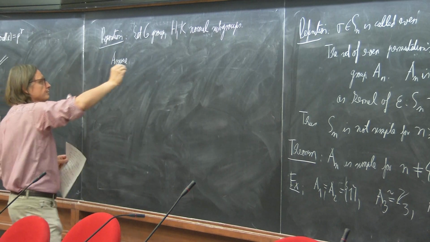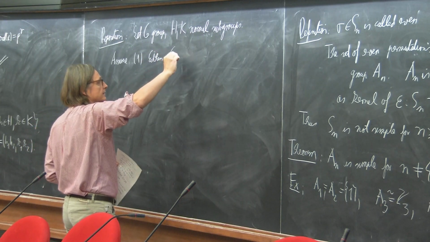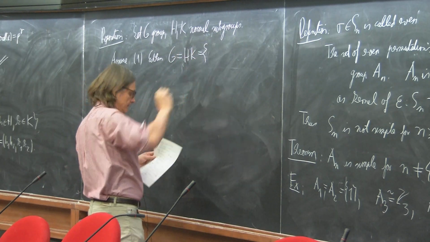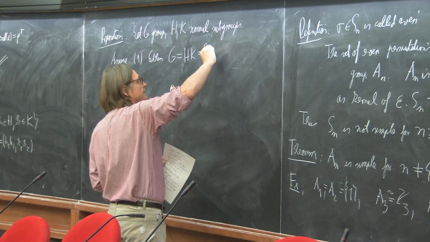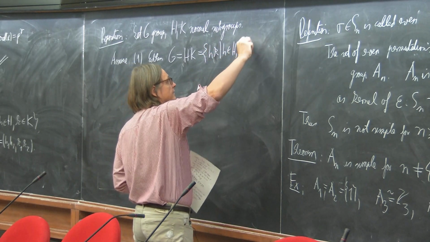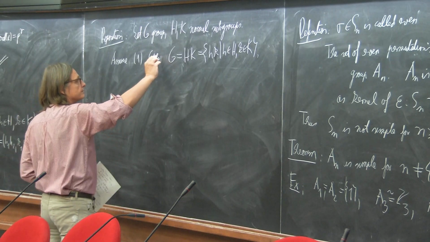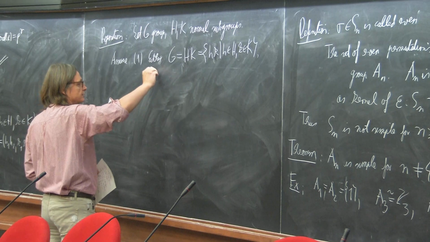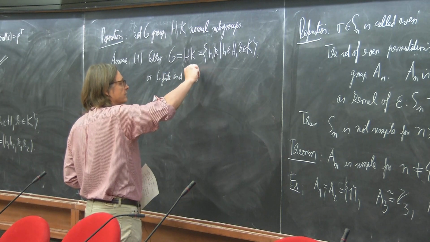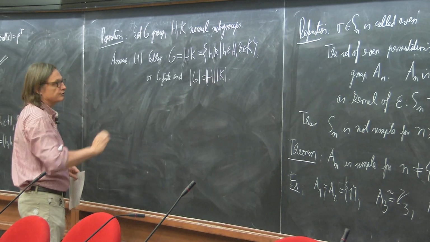First, we assume either that G can be written as G equals HK, that means as a set all hk with h in H and k in K. So every element in G can be written as a product of one element in H and one in K. Or, instead of this, we can also assume that G is finite and the order of G is equal to the order of H times the order of K. This is the first thing we assume, one of these two.